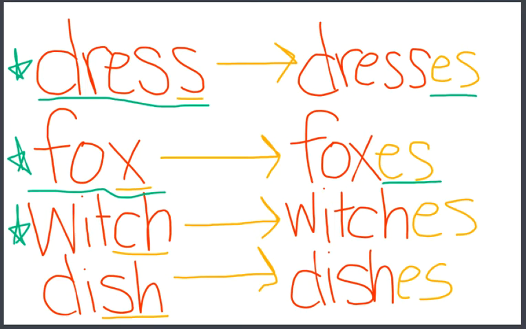Witch. This is like spooky season witch. Like 3 witches are on a broom. So we just have 1 witch here. We have the CH, ch, ch. So now we have 3 witches with that ES ending to make it plural, more than 1 witch.